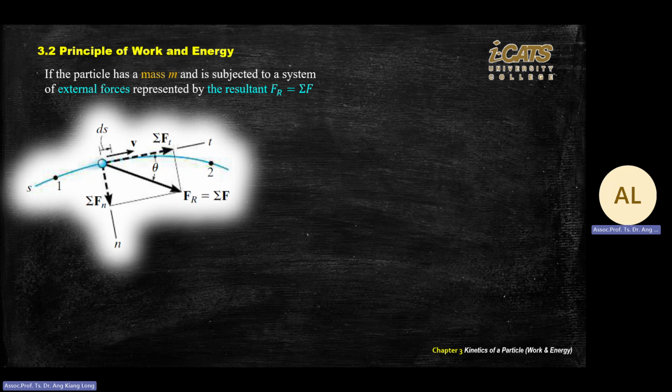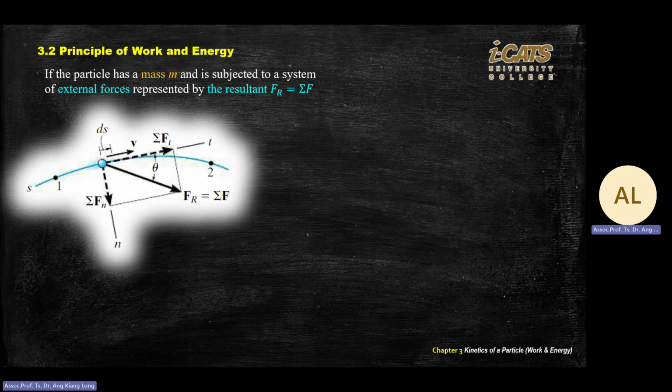Once you have a resultant force, in the chapter 3 questions, we always split into x and y directions, or parallel to the direction of your movement, or normal to the direction of the movement. Recall that on a curve, you have normal and tangent directions.